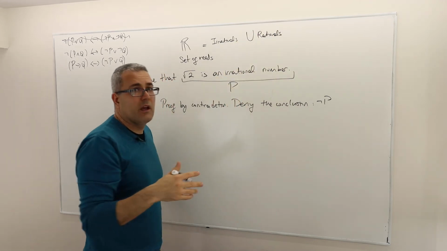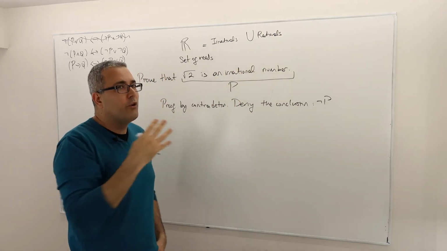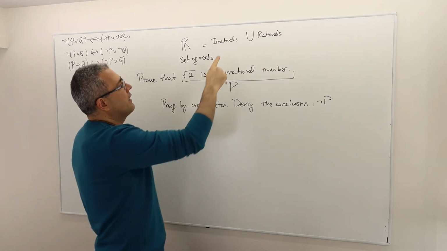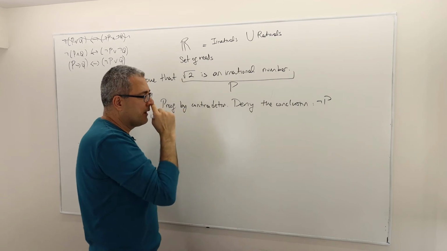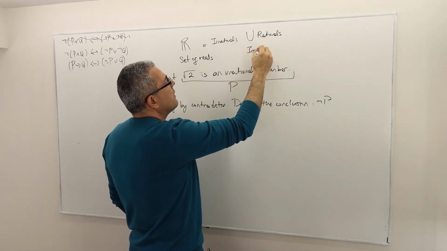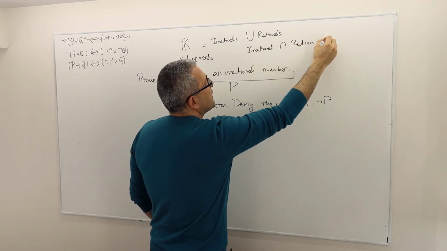And we know, again, these are actually premises. If you don't know the premises, of course, you can't prove the argument. And we know that these two are, in fact, disjoint sets, meaning irrational intersection rational is an empty set.